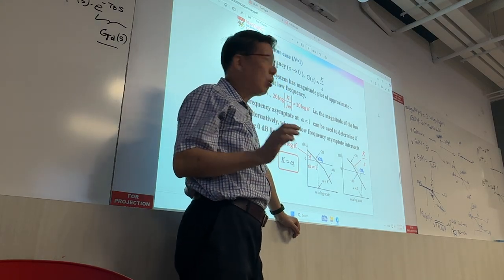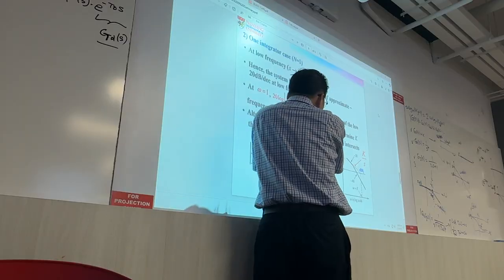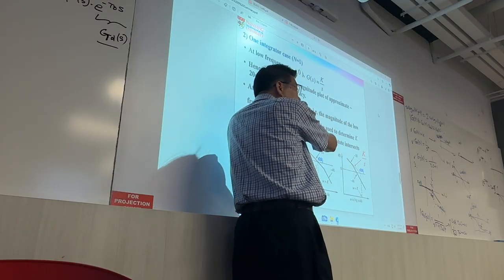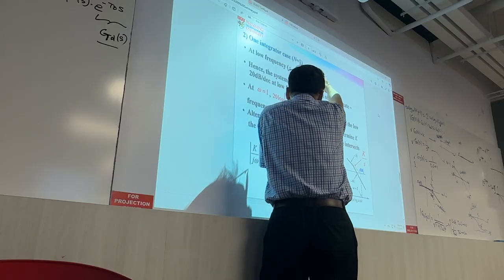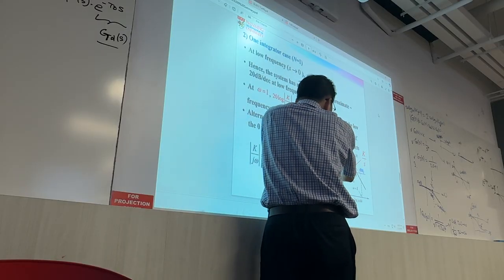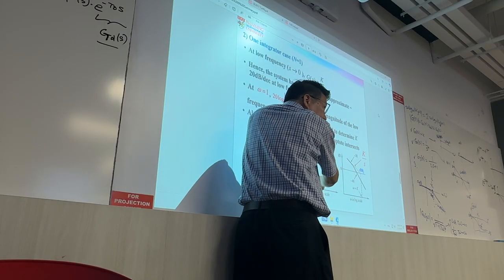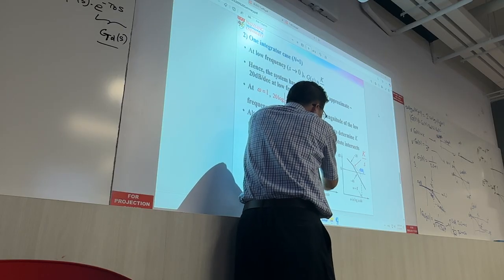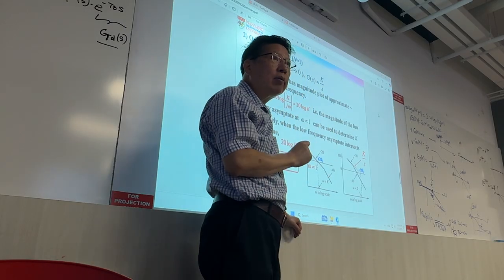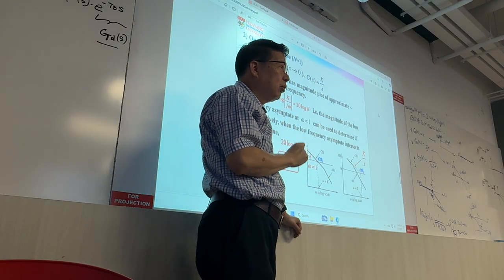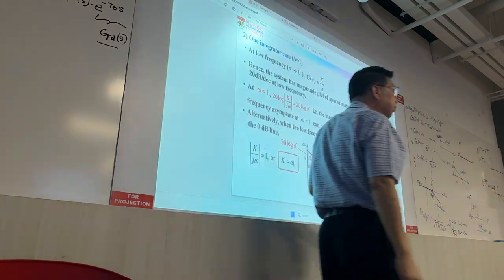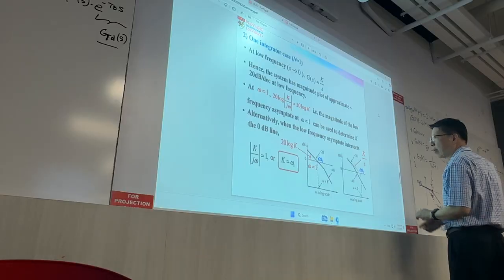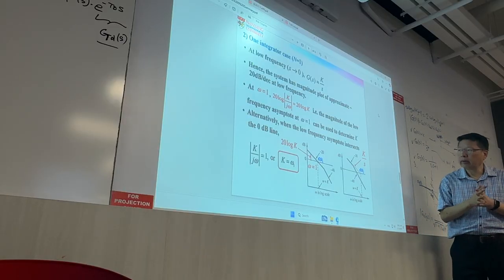So what is important about this one is when the left side is a type 1 system, then you simply look at its left portion, where it cuts the 0 decibel. This value, omega, is the K value. You can identify the K value from this Bode plot.